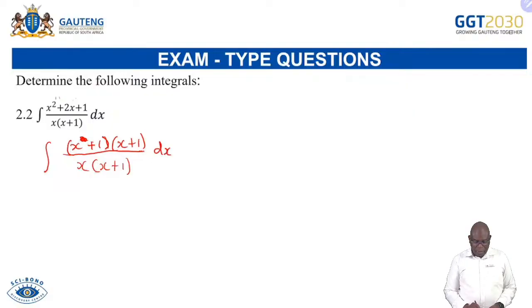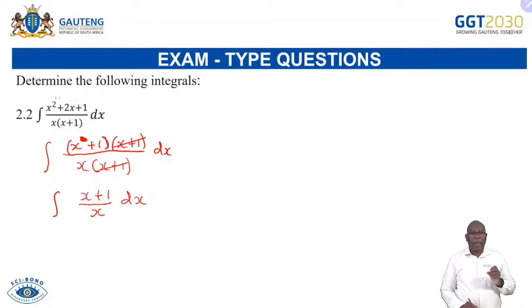So in this case here, the x plus 1 and the x plus 1 will divide. Then we will have integral of x plus 1 all over x. Can you see I'm still keeping the integral sign? Not letting it go because I have not yet integrated. So now here, what do I do?